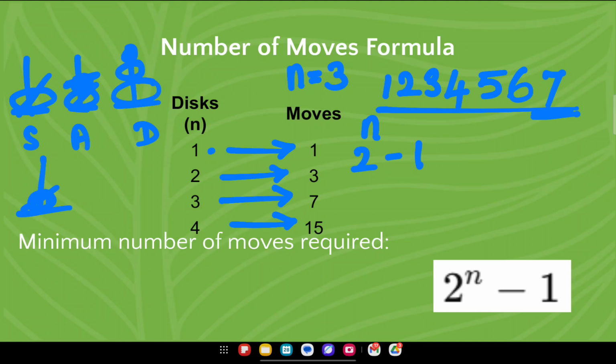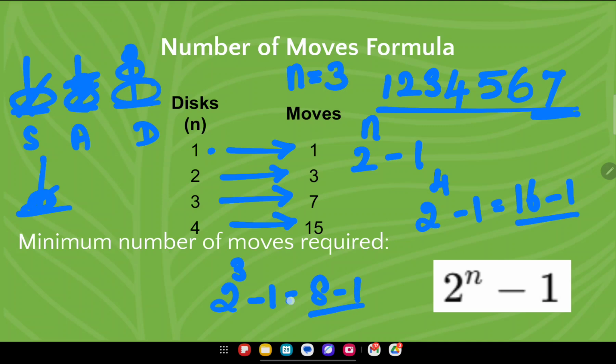If we apply 2 power 4 minus 1, 16 minus 1 is 15. For 3 disks, 2 power 3 minus 1, 8 minus 1, it takes 7 moves. So the minimum number of moves required for Towers of Hanoi is 2 power n minus 1.